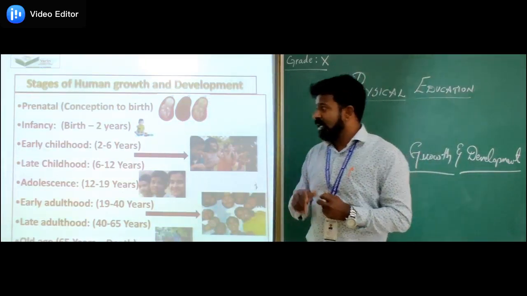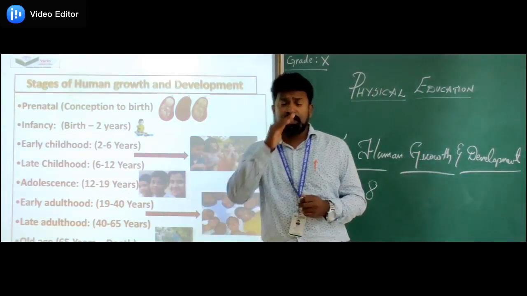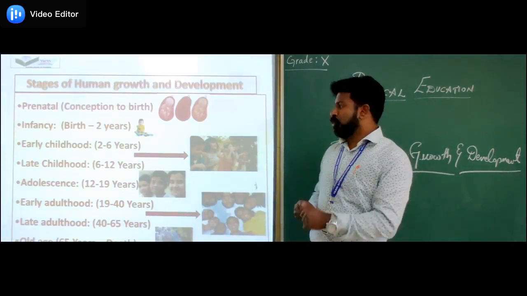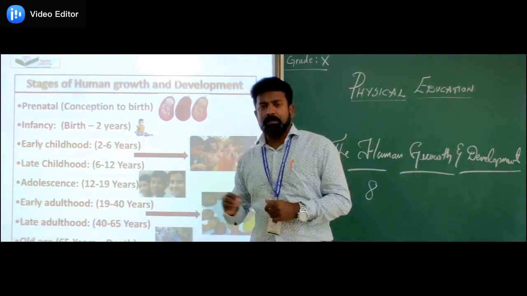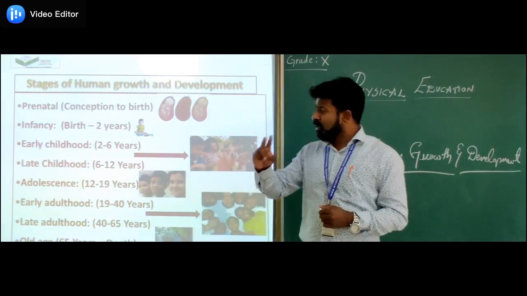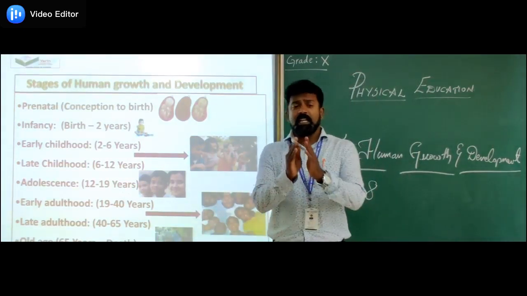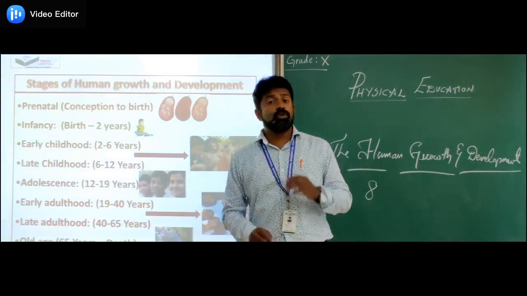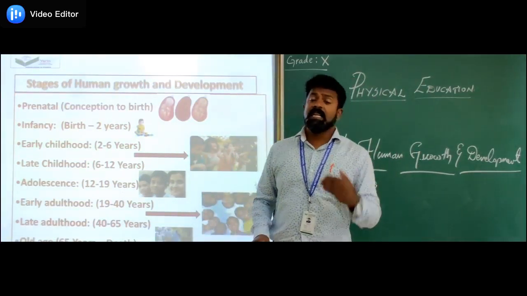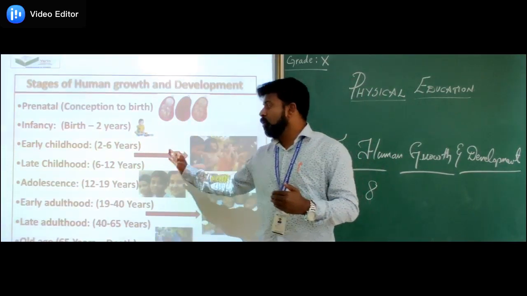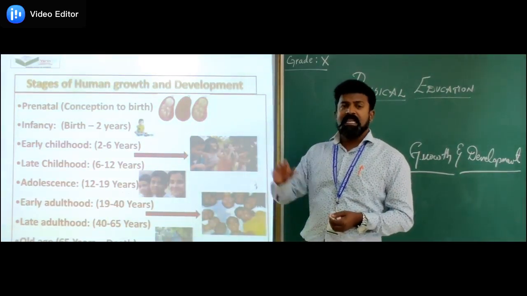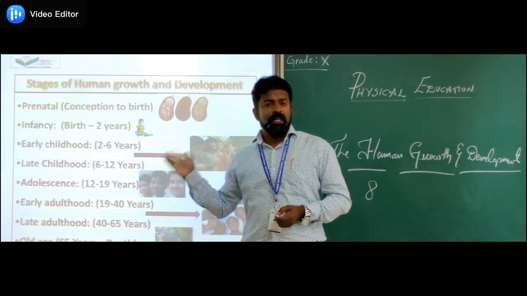The second one is infancy, that is from birth to 2 years. The third comes childhood, which is divided into two: early childhood, that is 2 to 6 years, and later childhood, that is 6 to 12 years. Then followed by adolescence, that is 12 to 19 years.